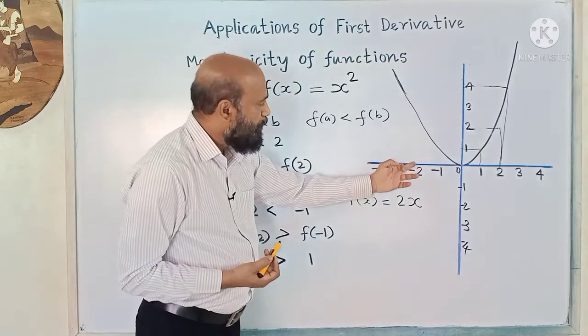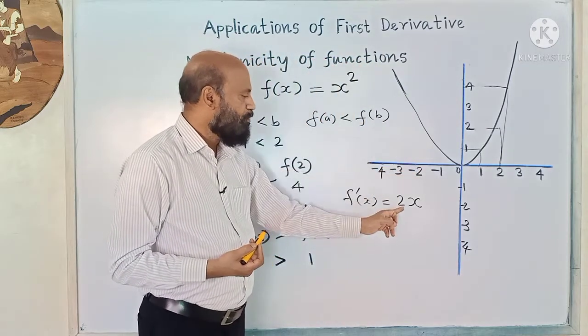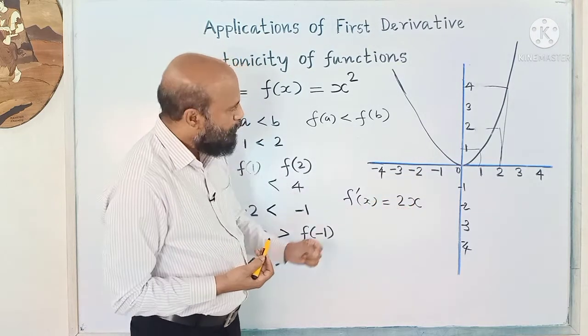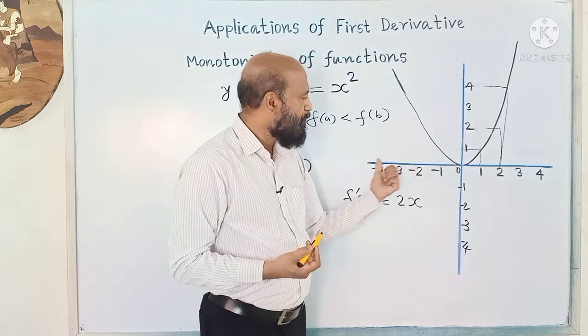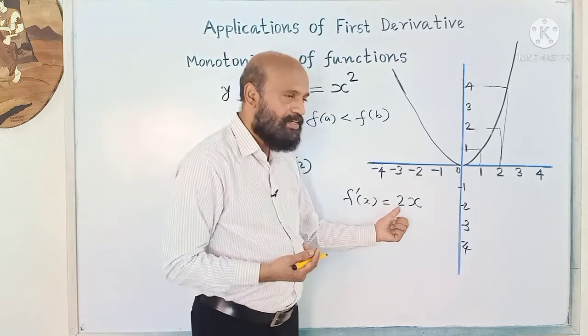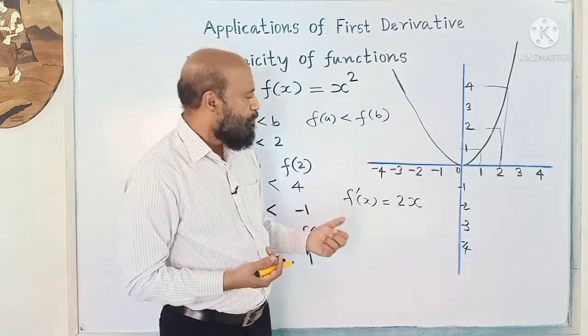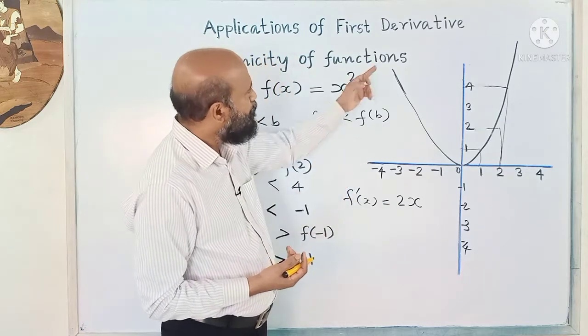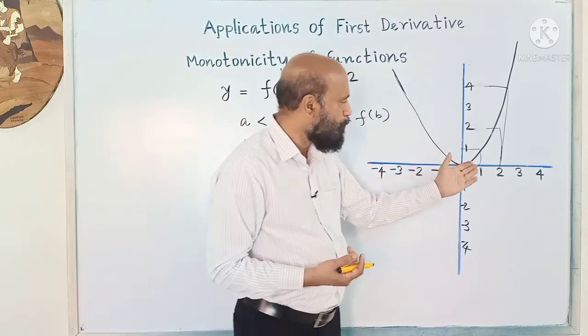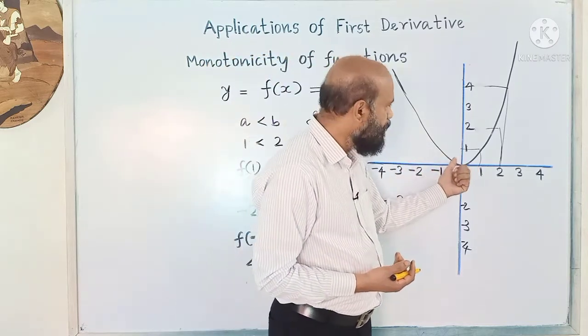Then if you take a negative value, for this x you put a negative value, so first derivative will be negative. From minus infinity to 0, first derivative is negative. So first derivative is negative, function is decreasing, and first derivative is positive, function is increasing.